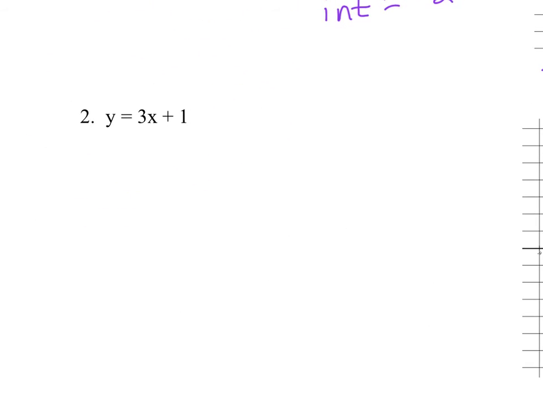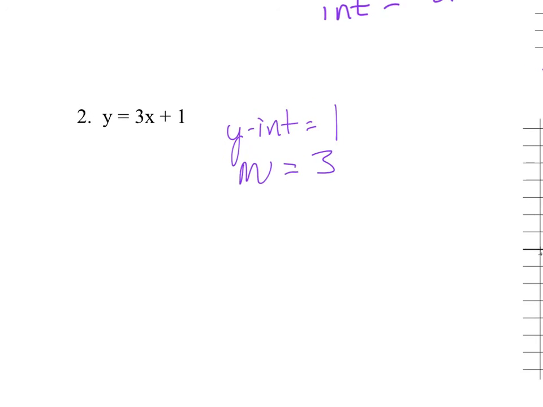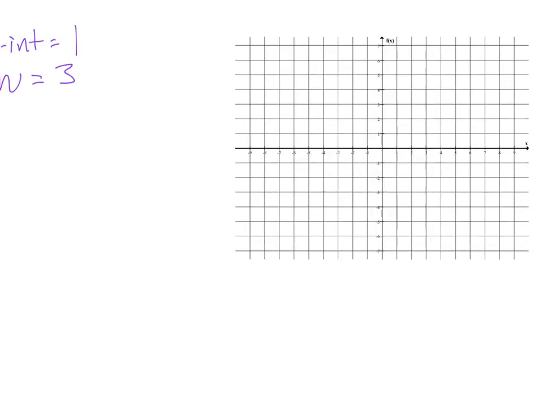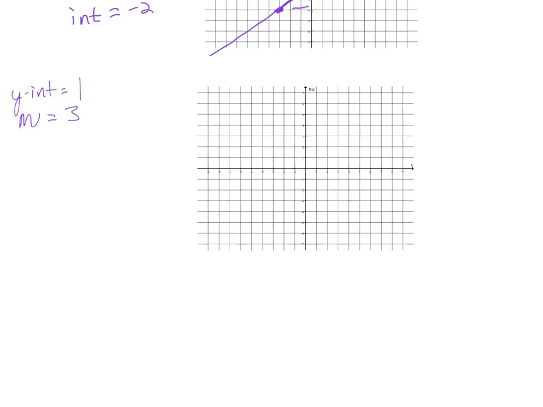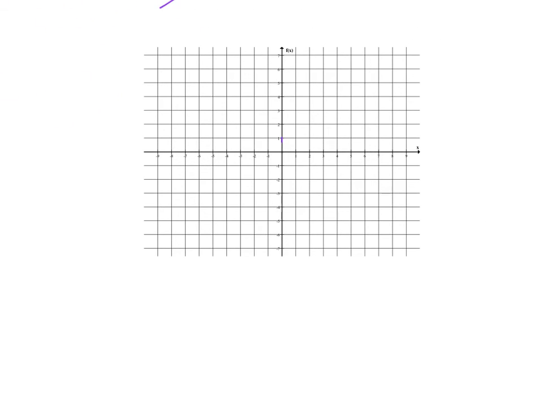Okay, slope-intercept form again. Our intercept is 1. Our slope is 3. So we're going to plot that 1. Intercept is 1. Our slope is 3, which means a rise of 1, 2, 3, and a run of 1.